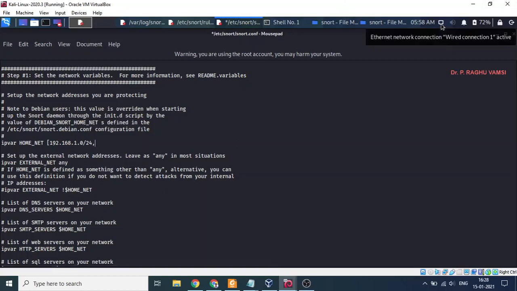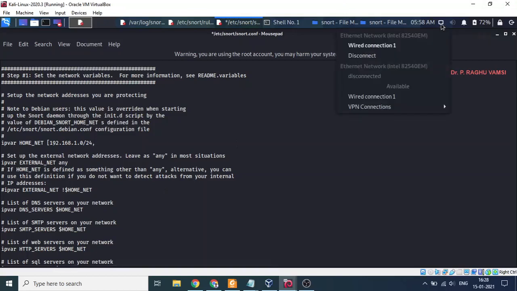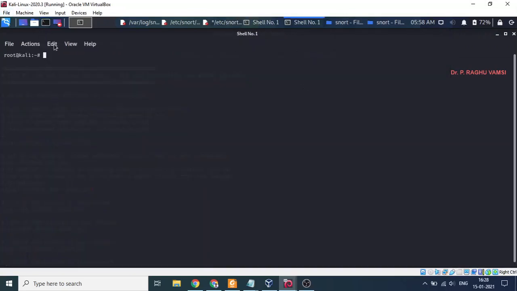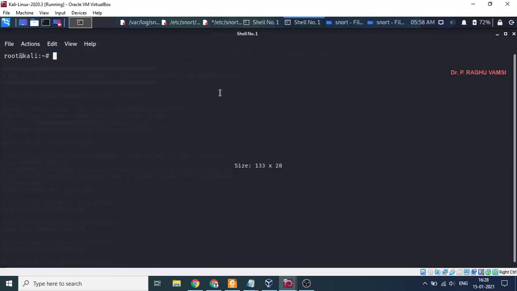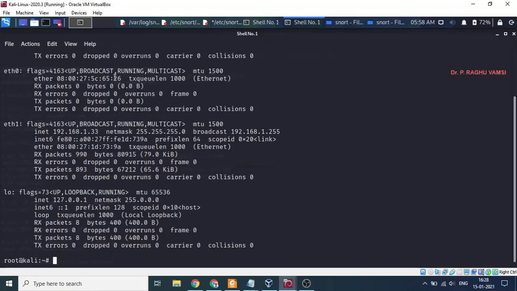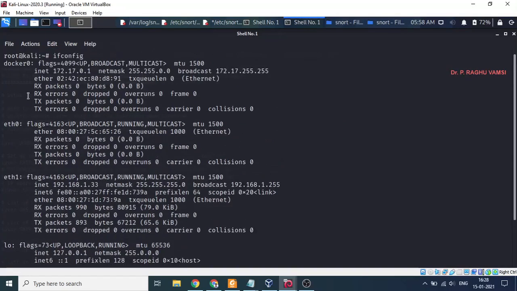Since I have connected two network interfaces, you may cross-check what interfaces are enabled. ifconfig. Ethernet 0 is not enabled. However, Docker 0 is enabled and Ethernet 0 is not enabled, which is a virtual network adapter that we have attached.